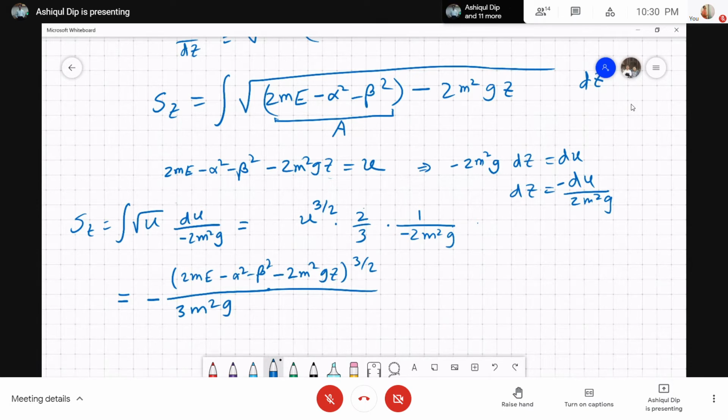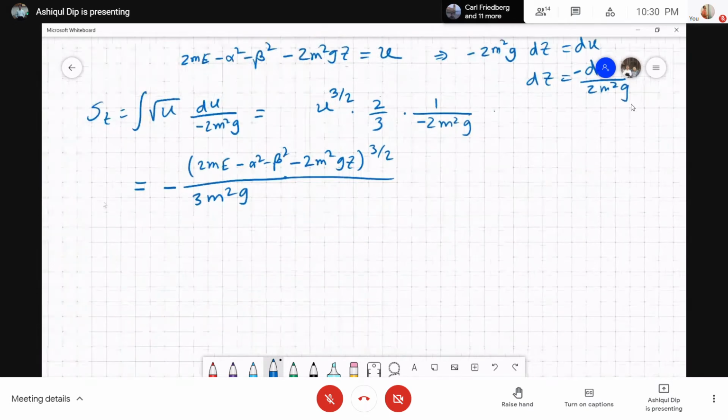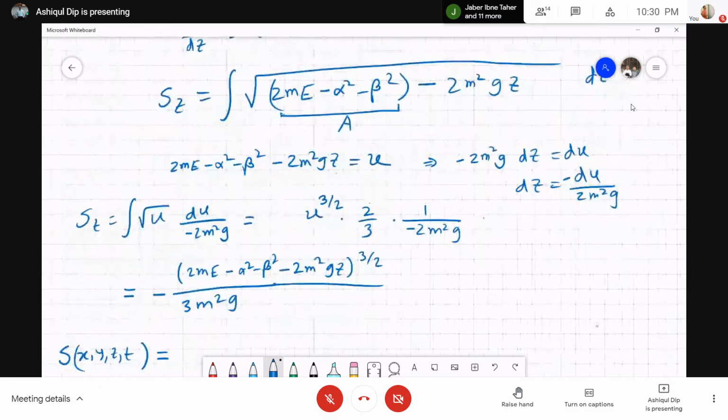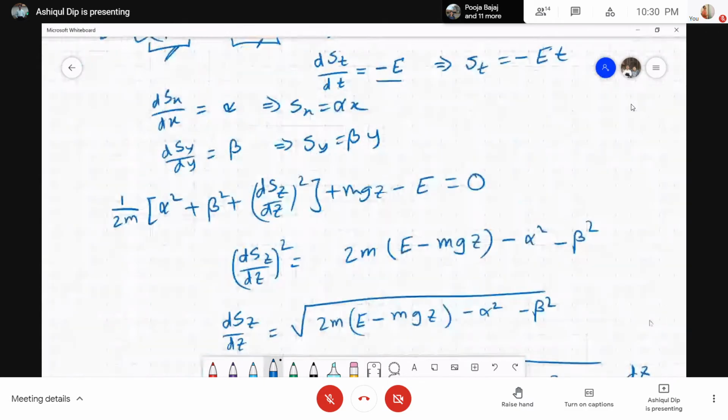Yes. So we have collected all. Now we need to collect all the pieces of S. So S as a function of x, y, z, and t. What would that be? What was the ansatz?